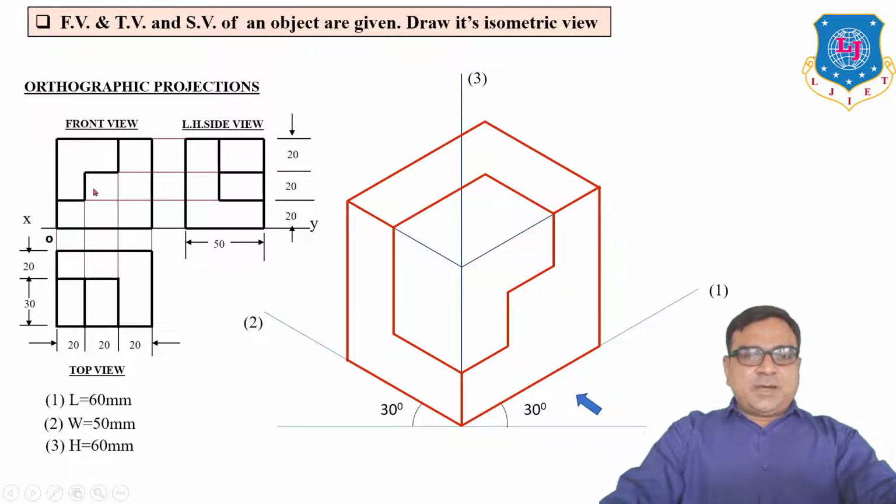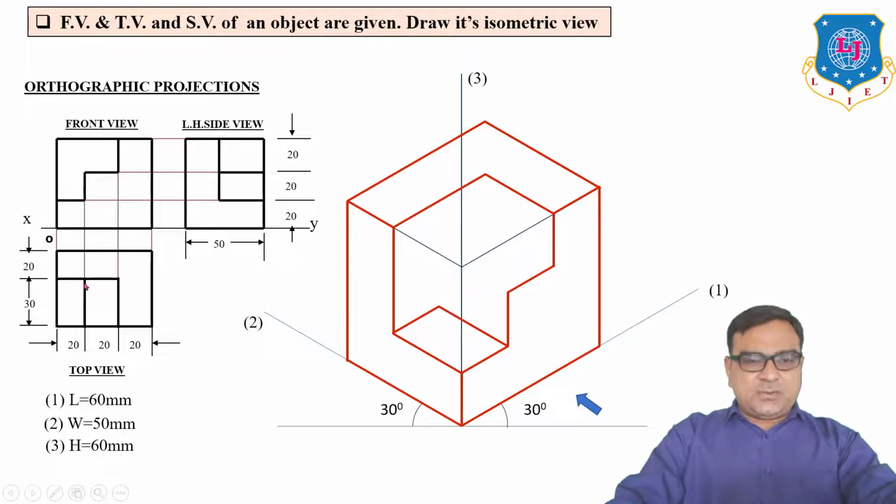Now if we combine the front view, top view and side view in your mind, you will see that in the top view there are two steps, which represent this one in the front view, and in the side view these are two steps. So this line for the front view is this, and for the top view is this. This line for the top view, this line, and for the front view is just one.